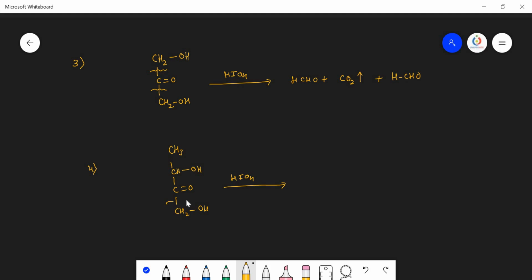These are all in the adjacent position, so break the bond here. Again this shall be converted to the aldehyde. This will be converted to carbon dioxide. And here there is no other particular methyl group, but this has the hydrogen with the OH group, so this shall be converted to the aldehyde. CH3CHO.